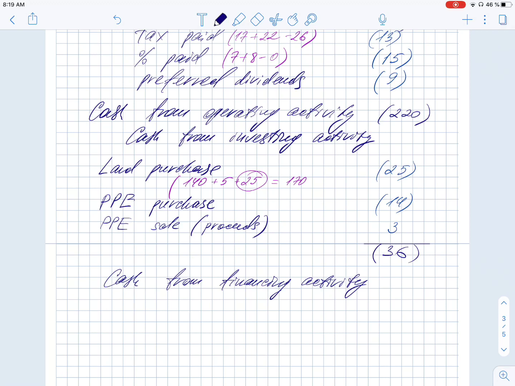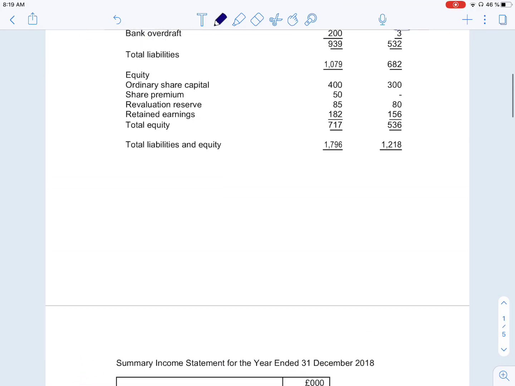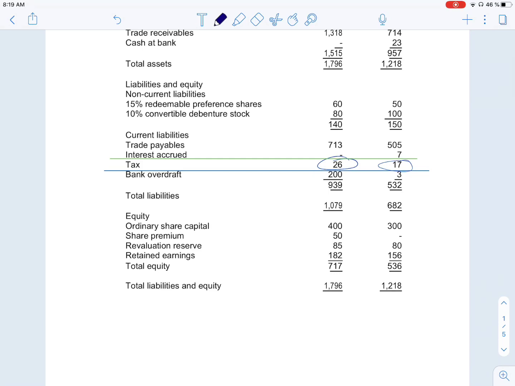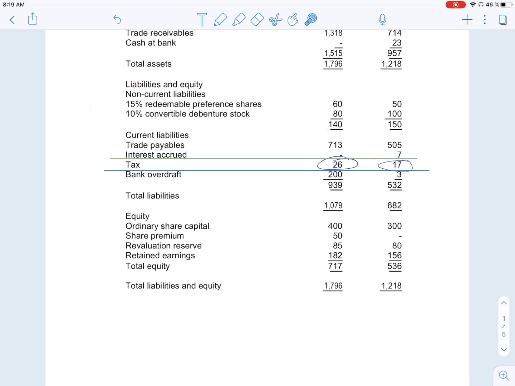And as I said before, we should consider here payment of ordinary dividends. So let's have a look at the statement of financial position at the section of long-term liability and equity. And we can see that under liabilities, we'll start with liabilities, we can see 2 lines.